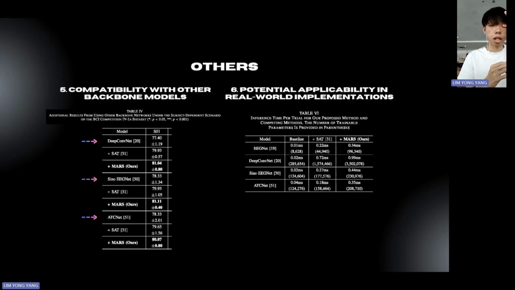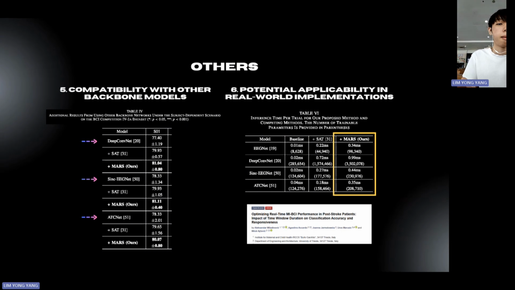Other than that, it also has potential for real world implementations, because here, even when we are using the deep convolutional net, the inference time per sample is 0.99 ms. According to other papers, as long as this time is within 1 to 2 seconds, it won't cause significant delays, and it is applicable in practice.